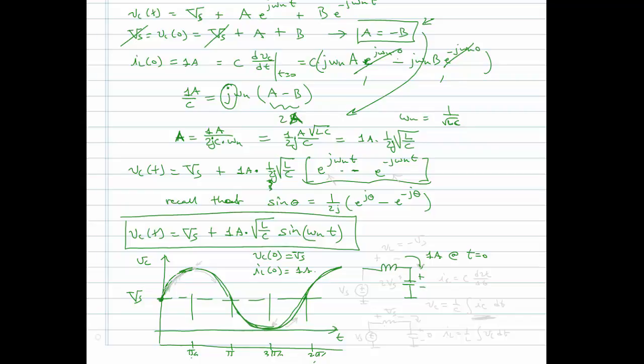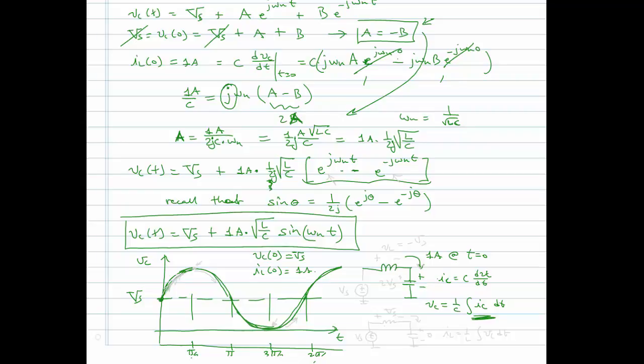If I have at time 0 1 amp flowing, and it's flowing into the positive terminal of the capacitor. And remember that the capacitor voltage is related to the current according to I equals C dV dt. But we can also say Vc is equal to 1 over the capacitance times the integral of the capacitor current. So, if I start off with positive 1 amp flowing into the capacitor, then when I integrate positive 1 amp, that will result in an increase in the capacitor voltage.